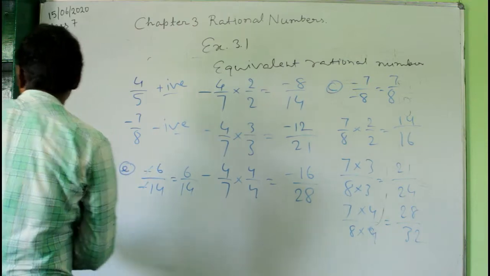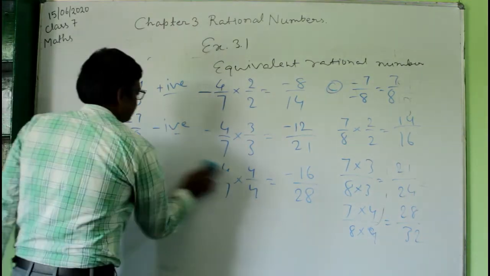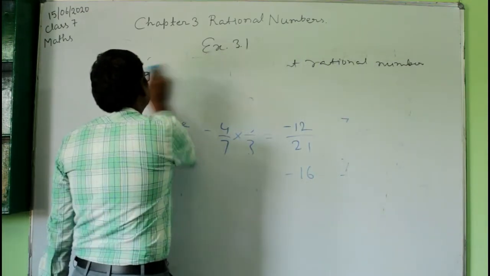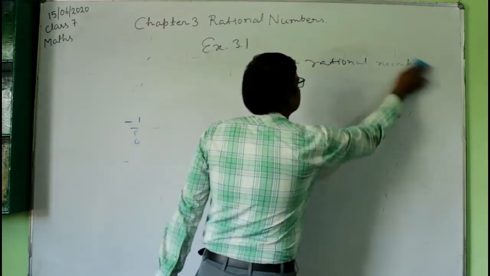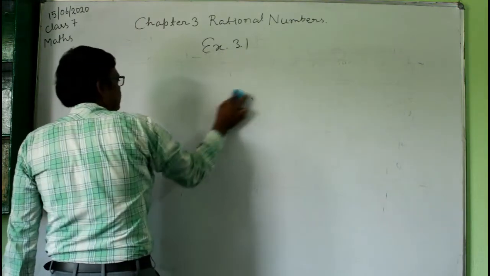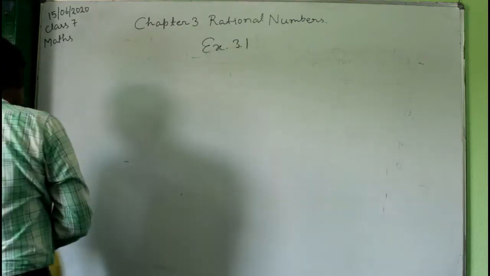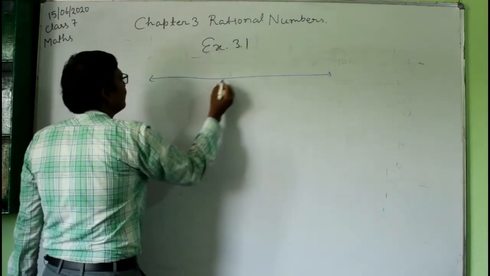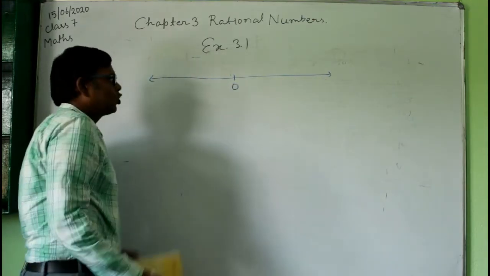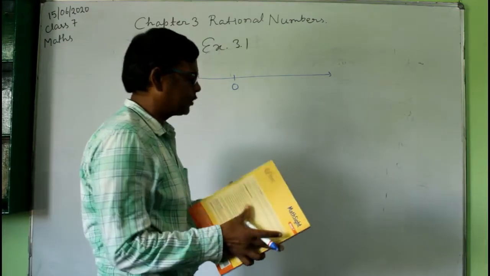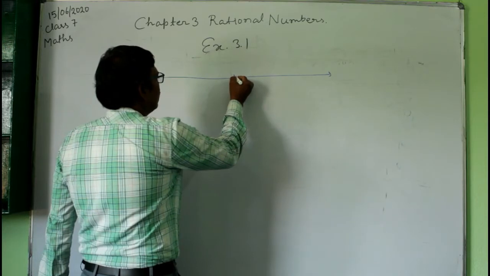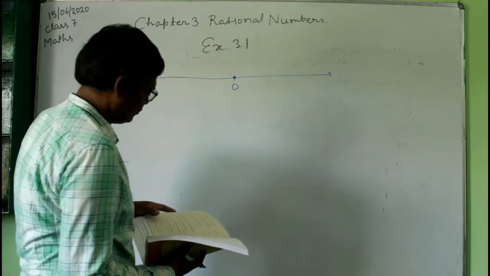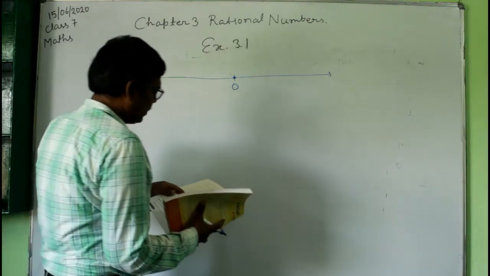So where will 0 by 3 be on the number line? 0 by 3 means 0. So this point will be the location of the rational number 0 by 3. And the question number B, minus 4 by 5.